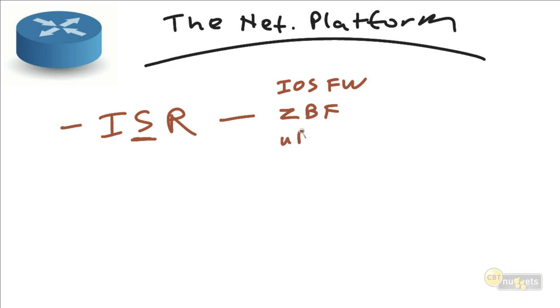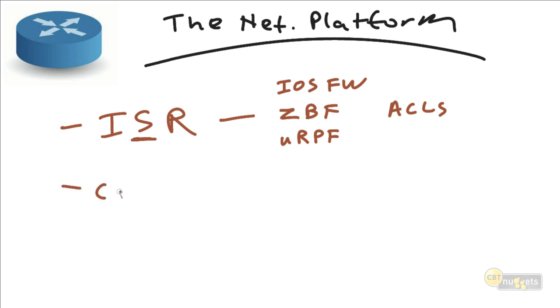You can do unicast reverse path forwarding to help guard against things like spoofing attacks. There are three huge security features right off the top of my head that these modern Cisco routers can implement. Of course, we know there are all kinds of access control lists that these things can implement. It's just amazing how many really in-depth, sophisticated security solutions now exist inside our devices.